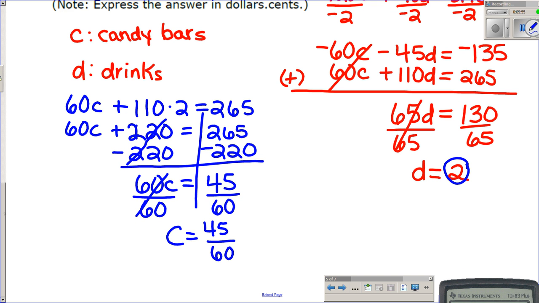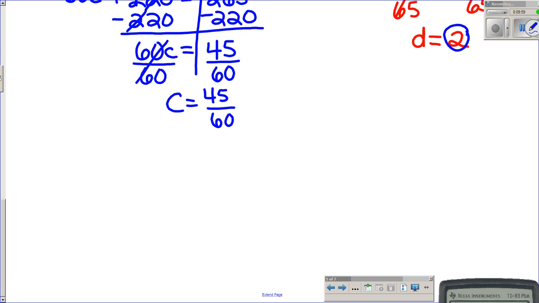Okay guys, so what we need to start thinking about is, can we reduce this fraction? If we can reduce this fraction, we'll eventually have to convert to a decimal because the problem did instruct us to enter our answers as a decimal representing dollars and cents. I know 45 and 60 are both divisible by 5. I'm trying to think if there's a larger factor. Let's see, 15 will also work.